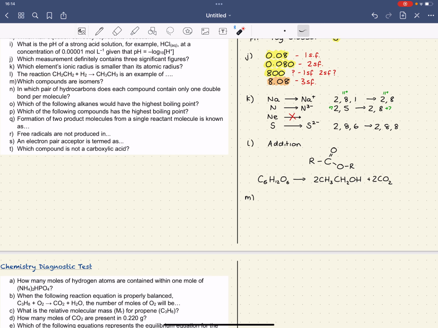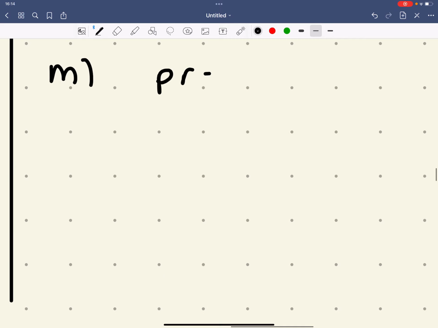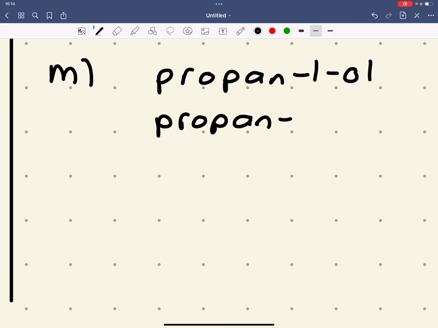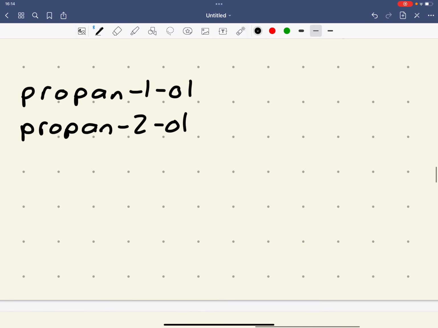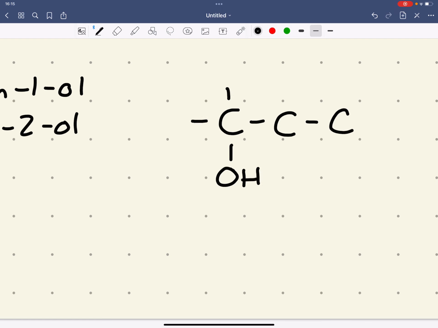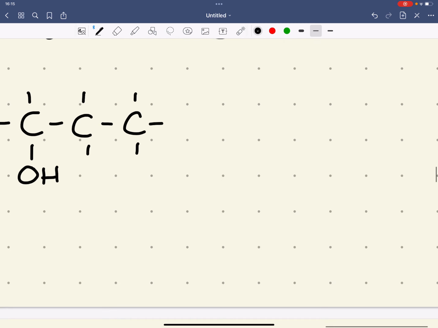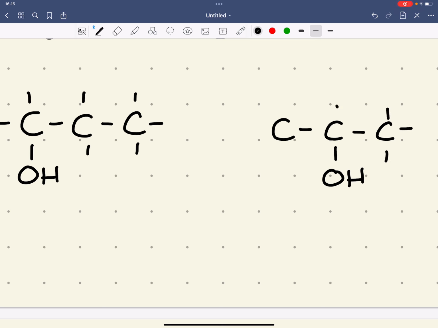The first option is propan-1-ol and propan-2-ol, and that would be my correct answer very quickly, because what we've got here is an example of a position isomer, a type of chain isomerism. So that's propan-1-ol, and propan-2-ol is simply where the OH is in a different position on the carbon chain. So it's called a position isomer.